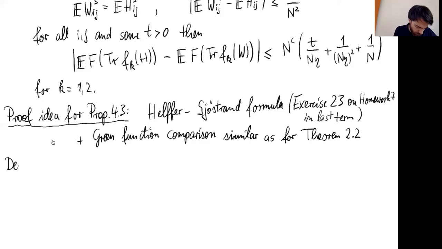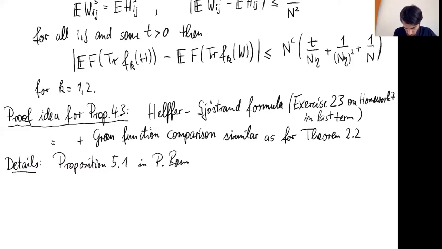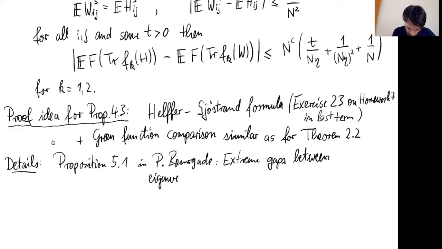Okay, and if you're curious, precisely as it's stated here, this is proposition 5.1 in a paper by Paul Bourgade. It's called Extreme gaps between eigenvalues of Wigner matrices.